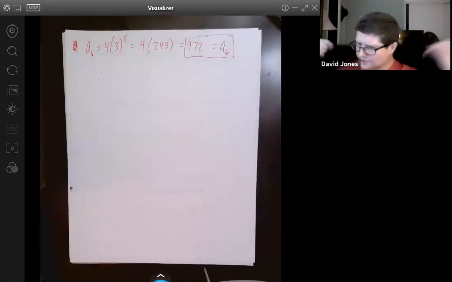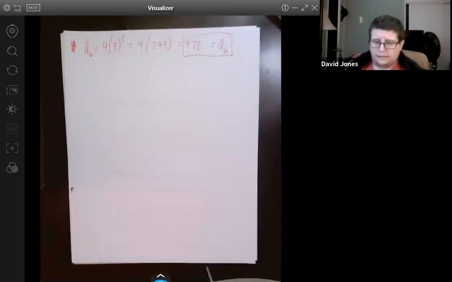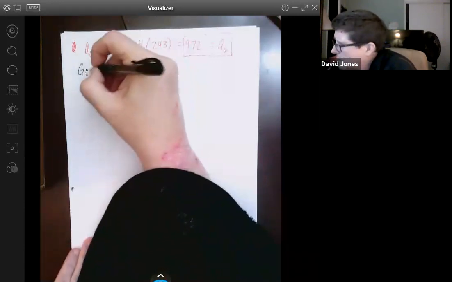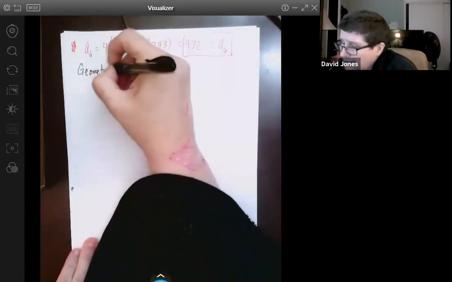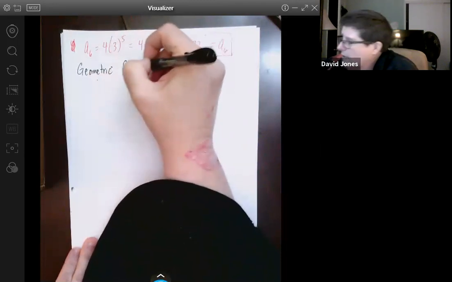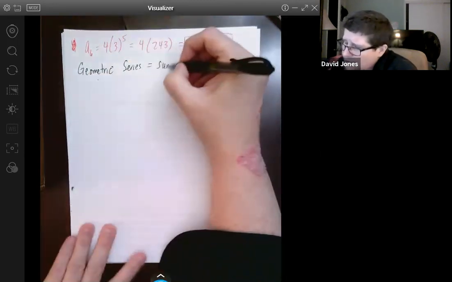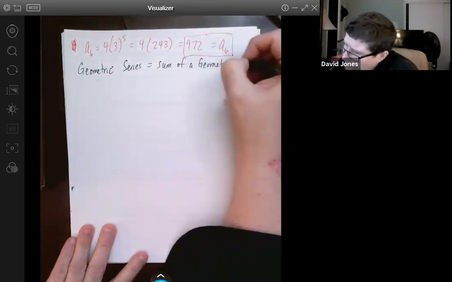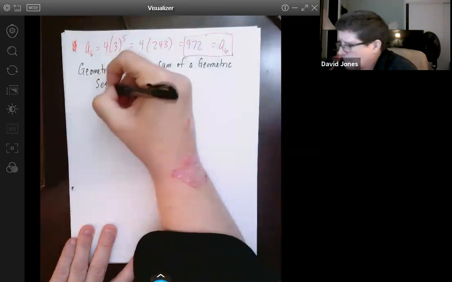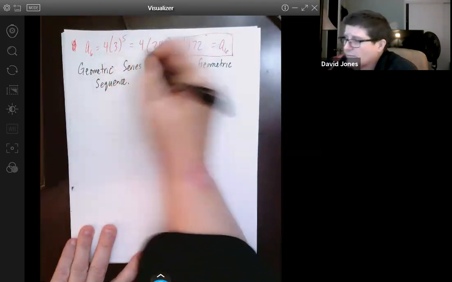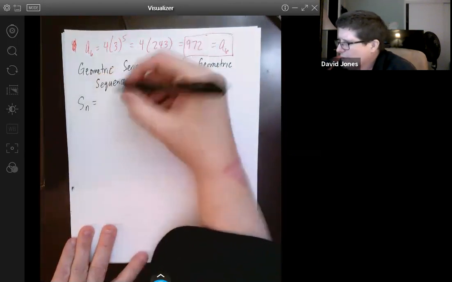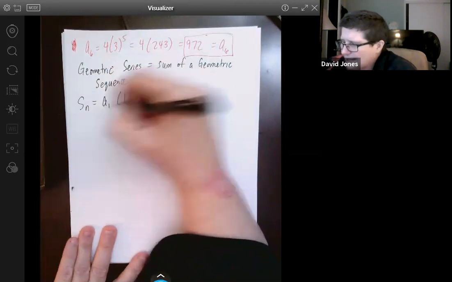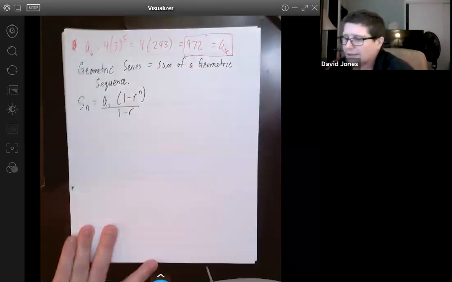All right. So those are examples of geometric sequences. If we look at the geometric series, again, this is a sum of a geometric sequence. And it comes in the form S sub n equals a sub 1 times 1 minus r to the n over 1 minus r.